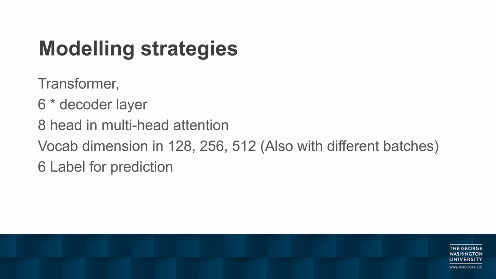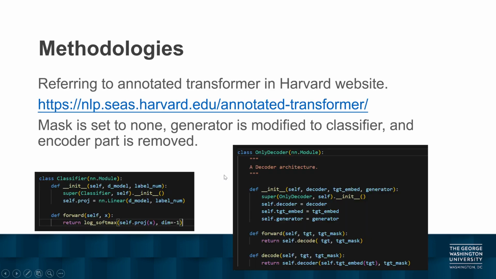It has different vocabulary dimensions like 128, 256, and 512. During training for the different vocabulary dimensions, it uses different batches, and in total it has 6 labels for prediction.